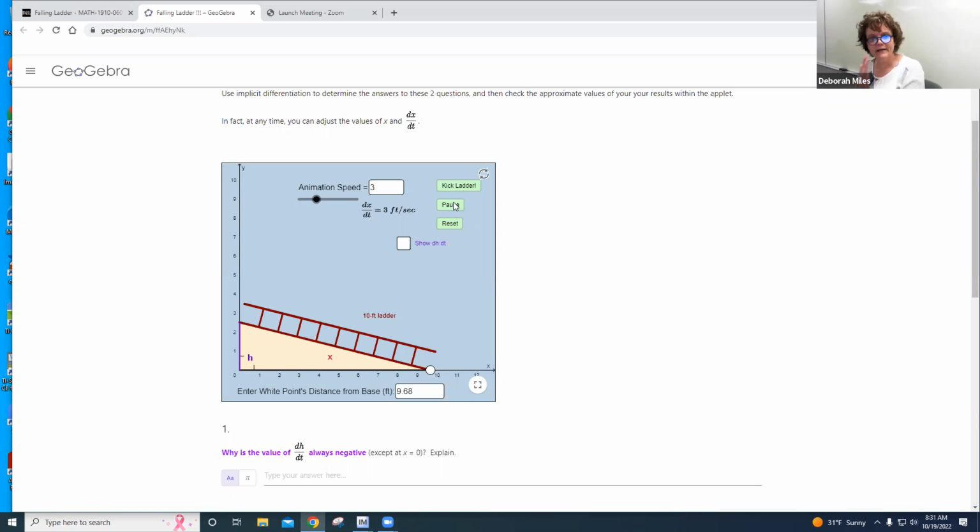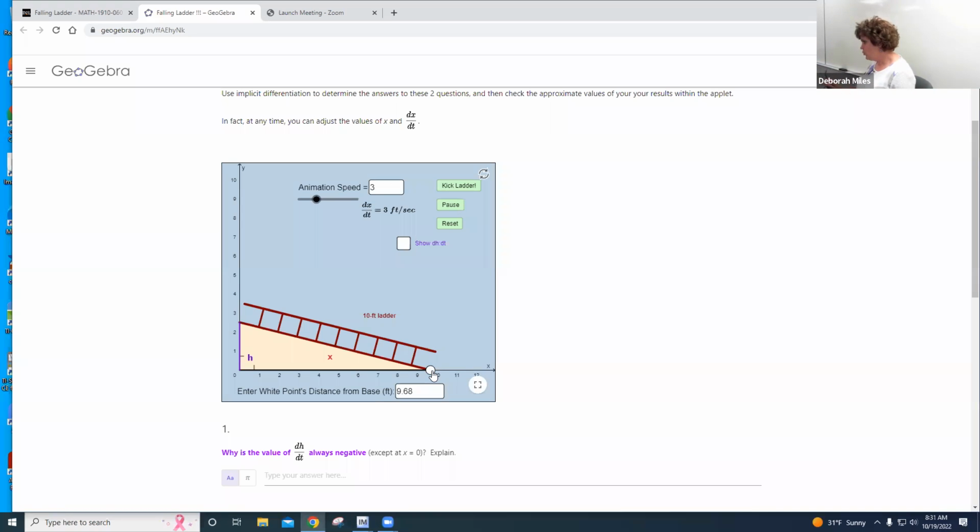So dx over dt is constant. dy over dt is speeding up. All right. And to make it look like the problem we're fixing to do, oh, something I didn't tell y'all yesterday.